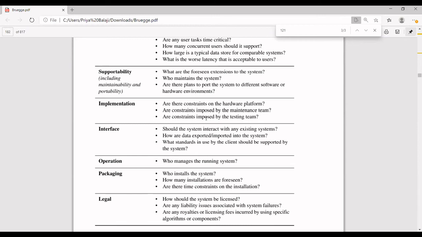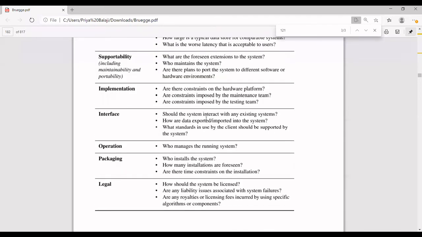Once you refine the use cases, you have to find out the relationships among the use cases. Then once the relationships are done, you have to analyze the objects. Once the objects are analyzed, then you go for your non-functional requirements, right? So these are the activities of requirement elicitation.